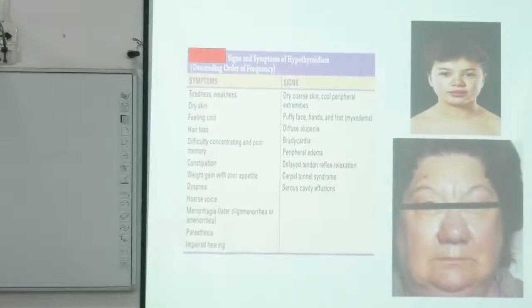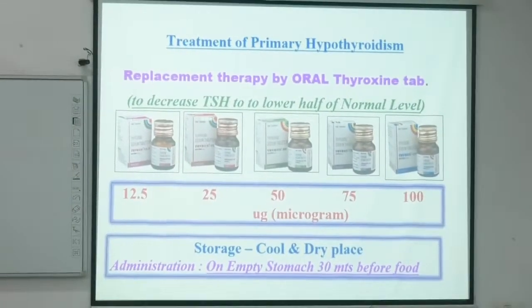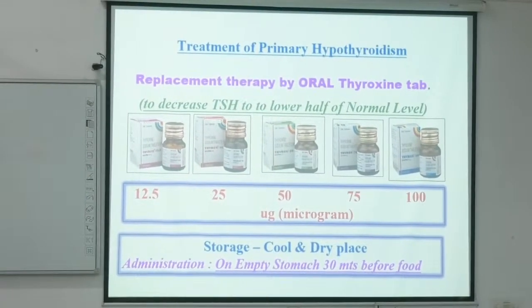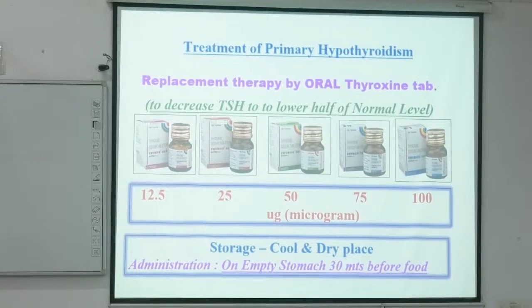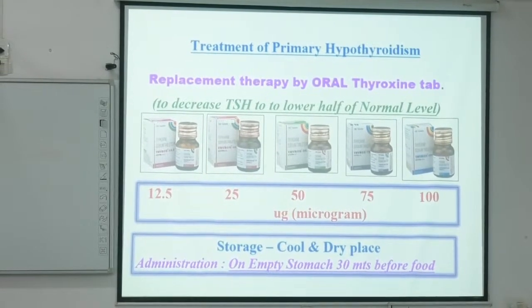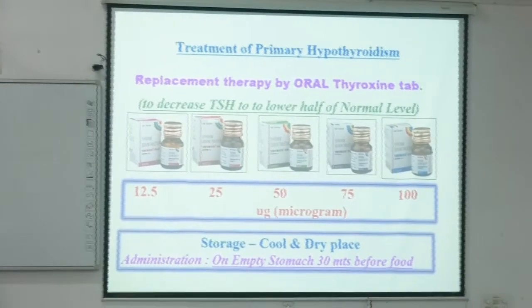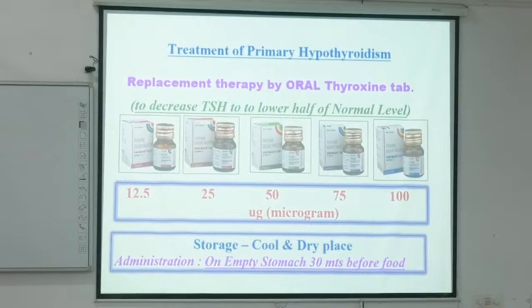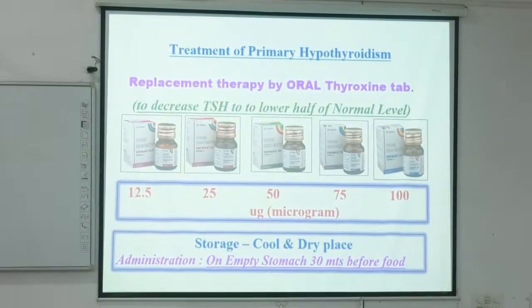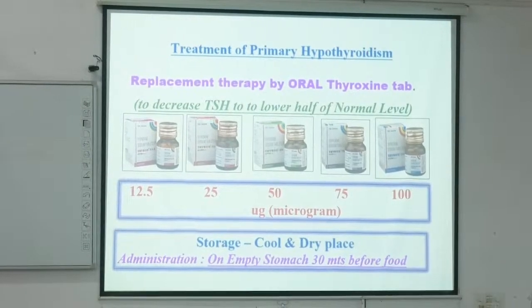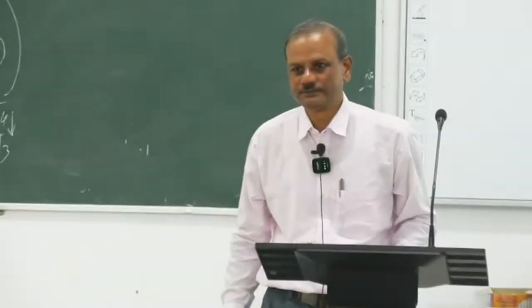Remember, next. The only good thing is that 100% cure is available in this case. Here the defect is thyroxine deficiency. So if you replace thyroxine orally, there will be no deficiency, and the patient has to take thyroxine lifelong.